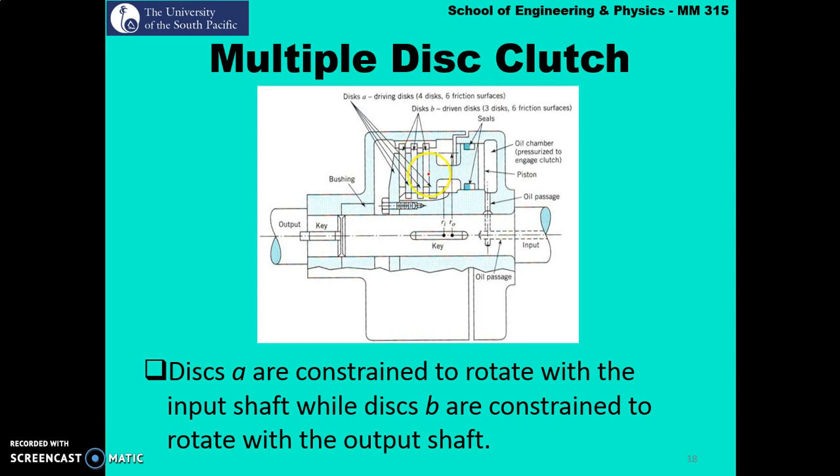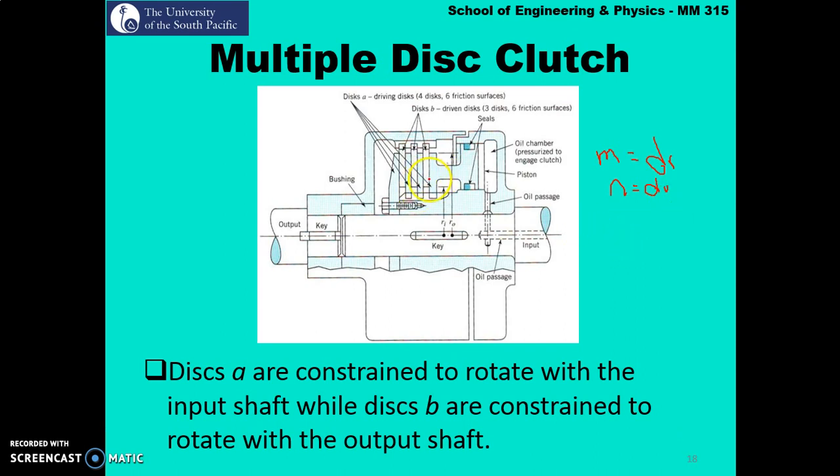One of the things which is important here is that if I give you that on a driving shaft you've got 3 discs, on the driven shaft you've got 2 discs. So how do you calculate the number of effective surfaces? It's quite easy. Let's say M is equal to the number of discs on your driving shaft and N is equal to the number of discs on your driven shaft.